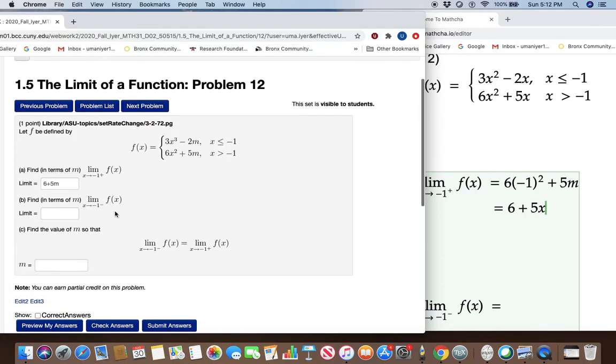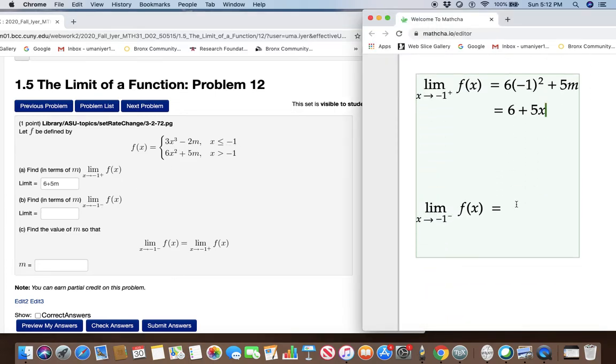Whereas x approaching -1 from the left, that is x less than -1, that will be this story. Oops, I'm sorry. To the left, that is the first piece. So 3 times -1 to the power 3 minus 2m.